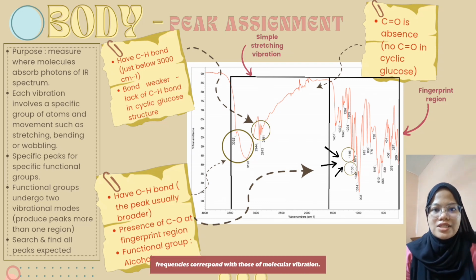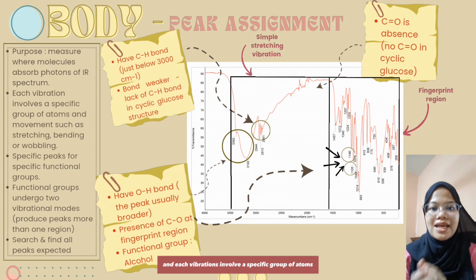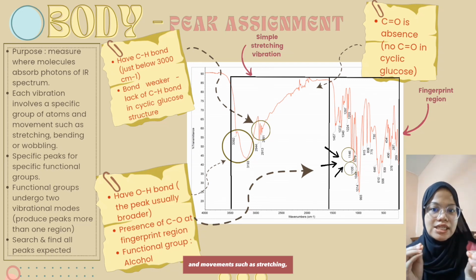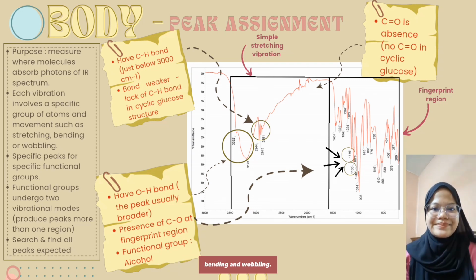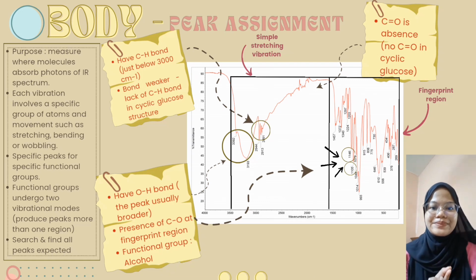The IR frequencies correspond with those of molecular vibration. Molecules vibrate at different frequencies and each vibration involves a specific group of atoms and movements such as stretching, bending, and wobbling. For your information, specific peaks are for specific functional groups only.